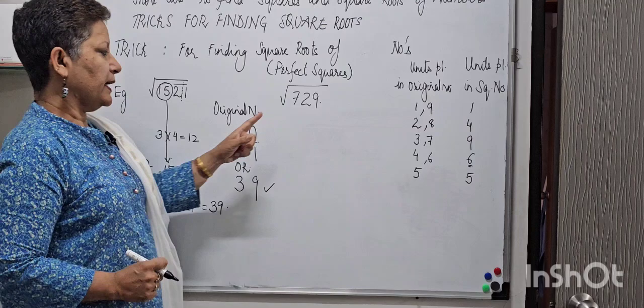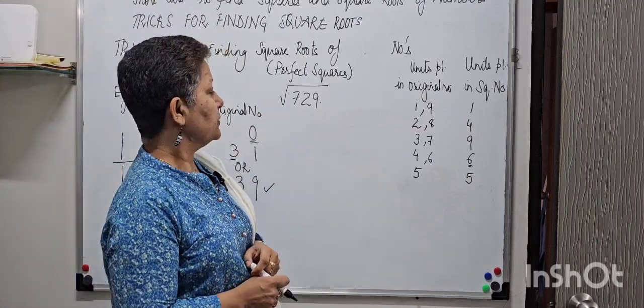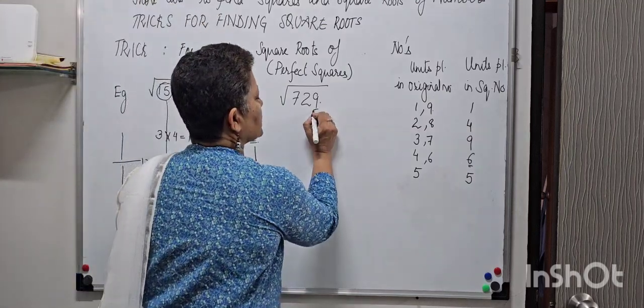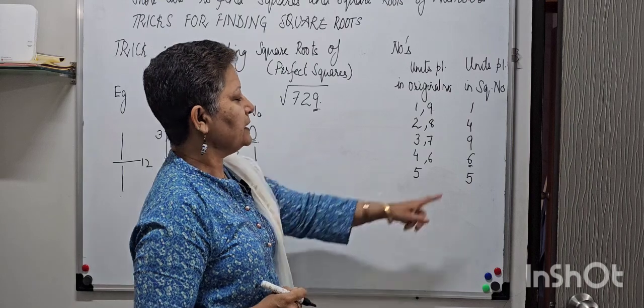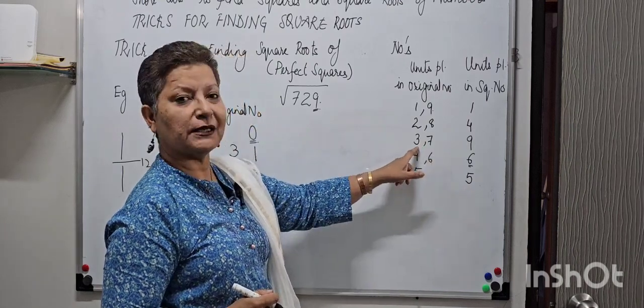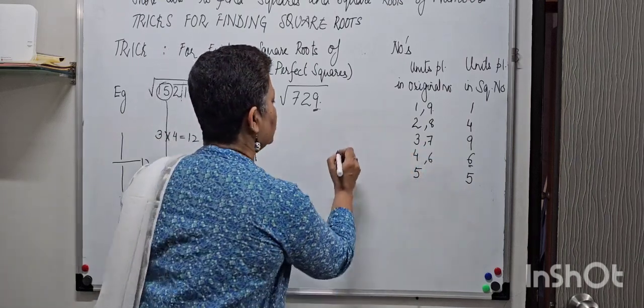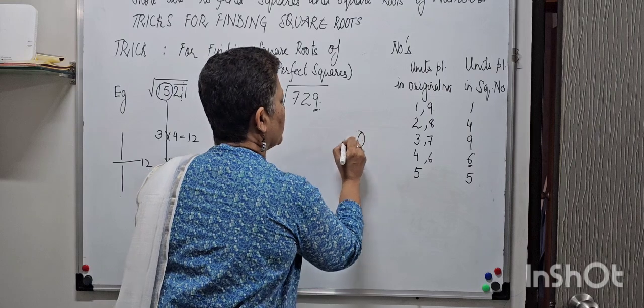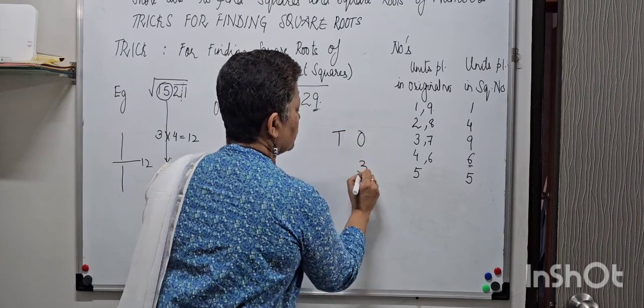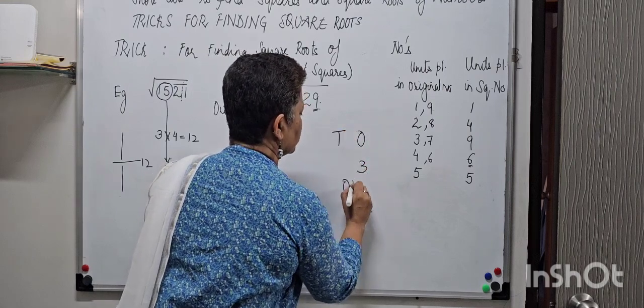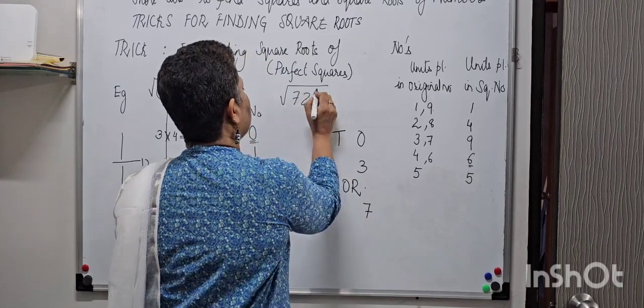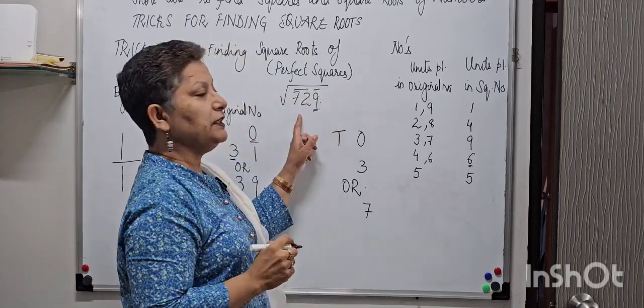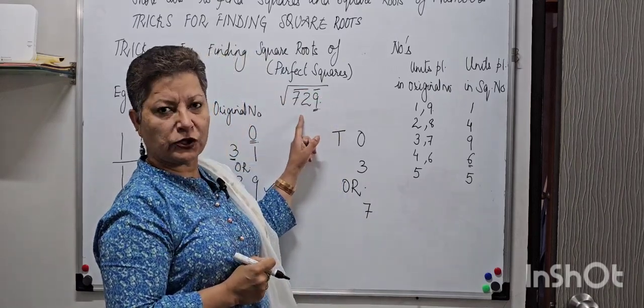A quick example here. Now let's look at the units place digit here, 9. When it's 9 here, the last units place digit in the original number has to be either a 3 or a 7. So ones and tens, it's either going to be a 3 or a 7, right? Now, having taken pairs, 72 is more than 8 square.